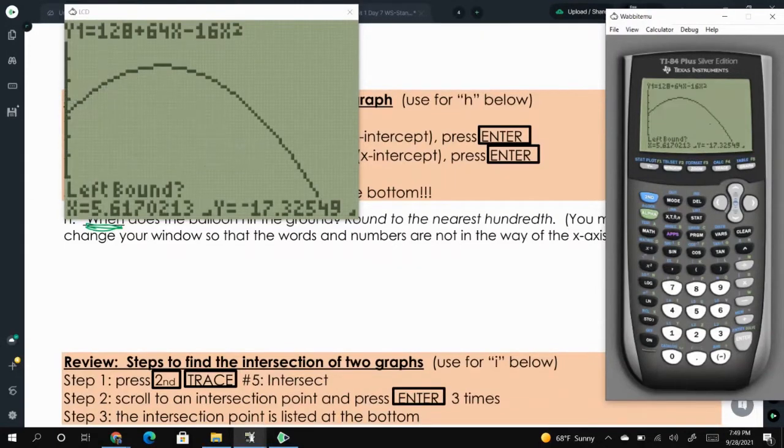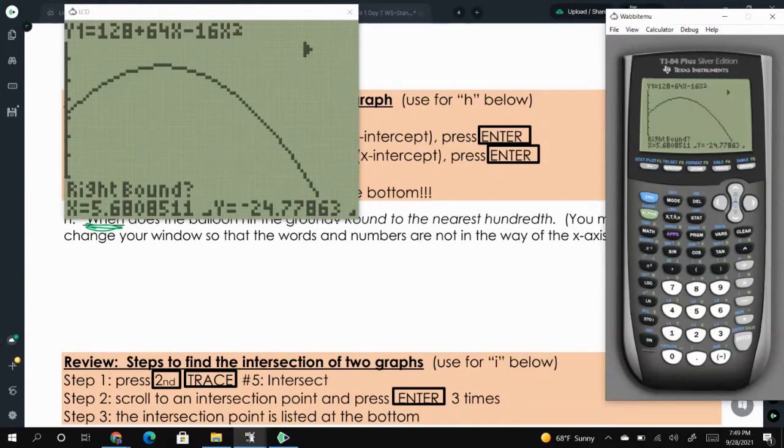We go down to zero, press enter, and we want to move our calculator to the left of it. So again, left, and notice the y value is positive because we're above the x-axis. Press enter. Then we want to move it to the right of the zero. And I know it's off our screen, but look at the y values. We're at negative 24.77.